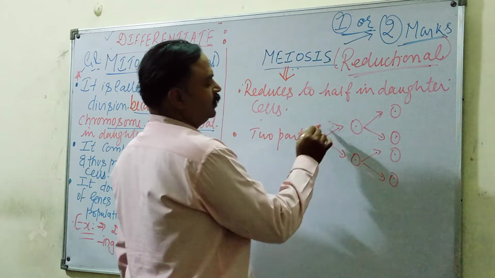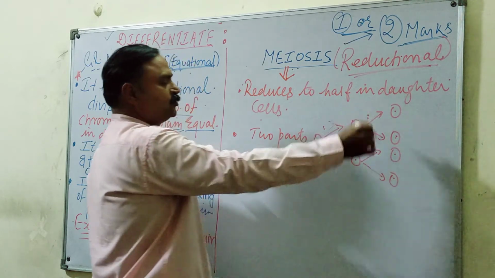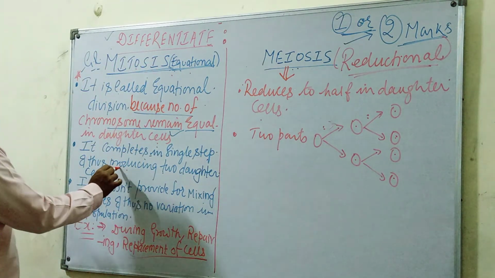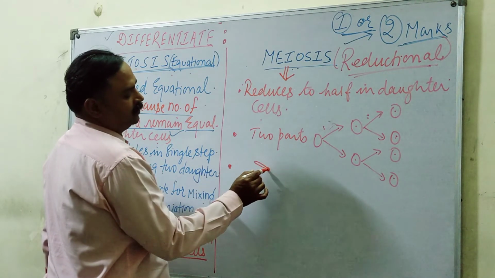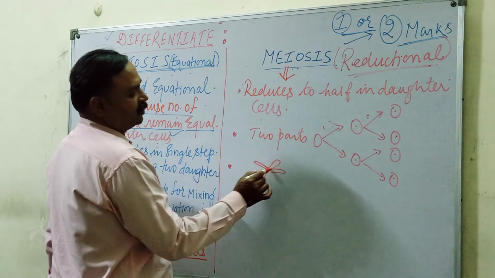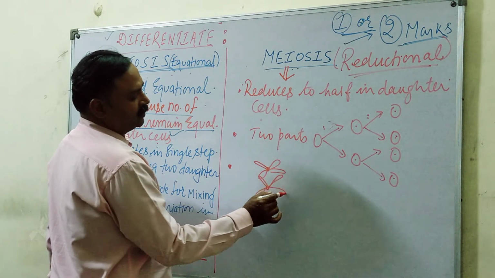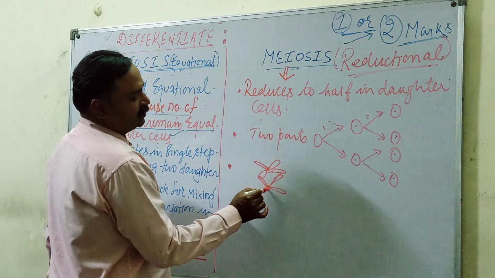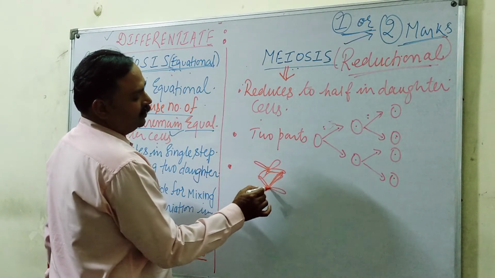Isn't it? 2 parts, that is meiosis 1 and meiosis 2. And the third point is that it provides for mixing of the genes. Because in the metaphase of meiosis, again this stage is not in your course, but I am just giving you the idea.